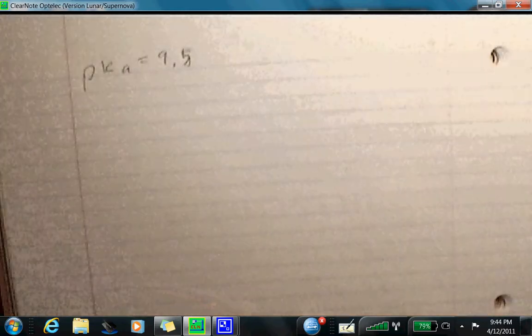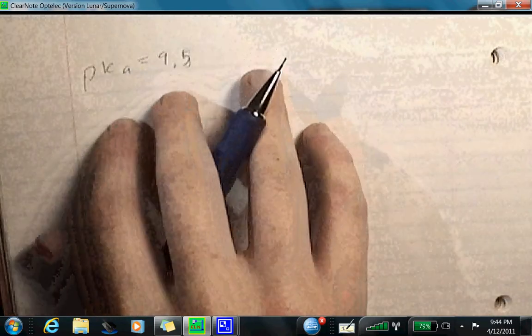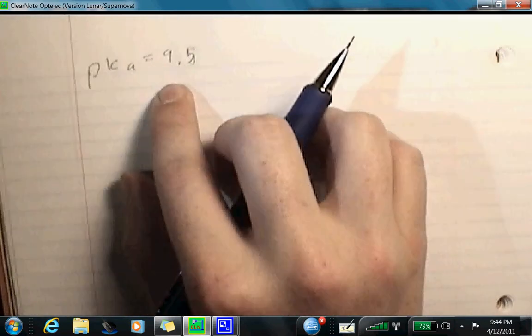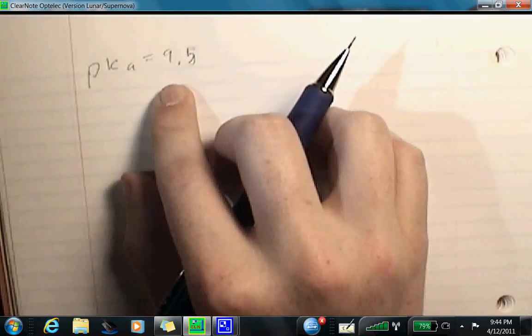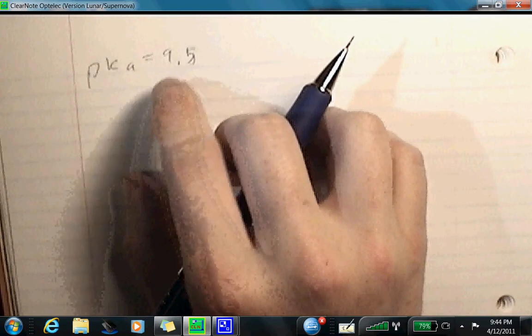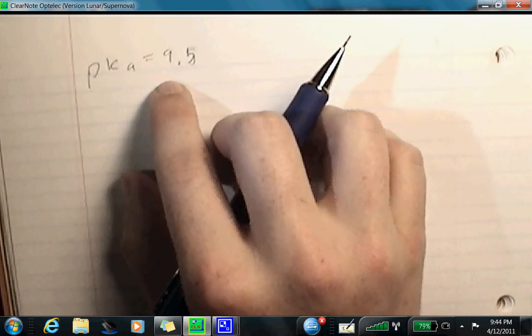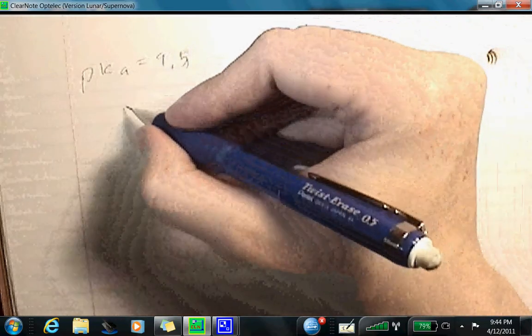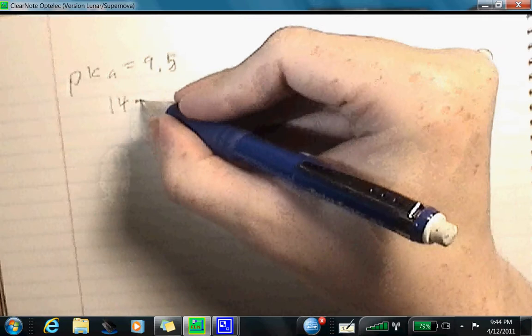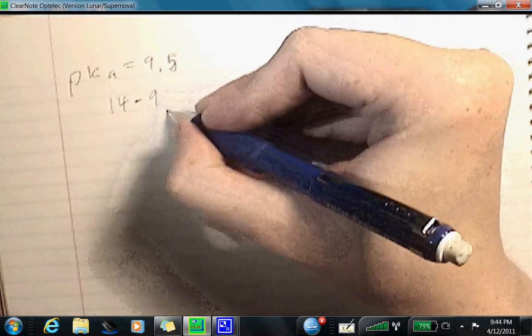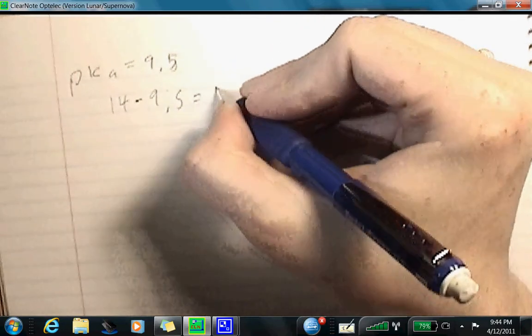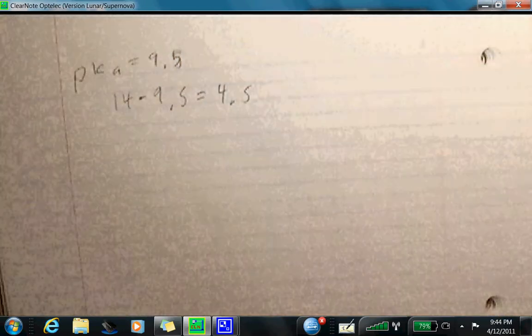This is basically 9.5 negative logs, and that's kind of a lot of error that could happen. But when we look at the pKb, to convert from pKa to pKb, we just take 14 and subtract 9.5, and we get this.